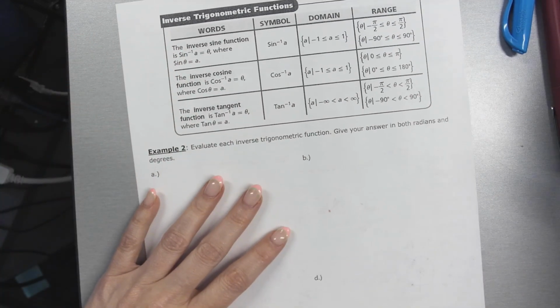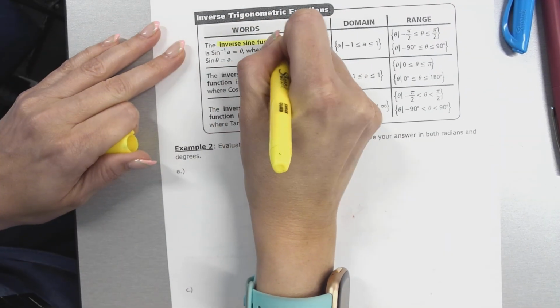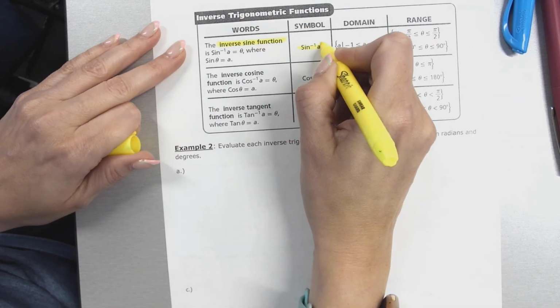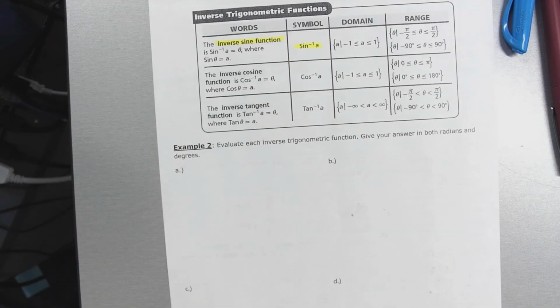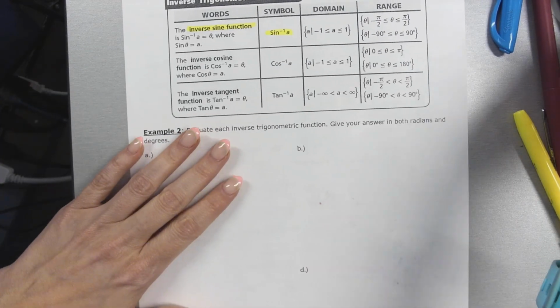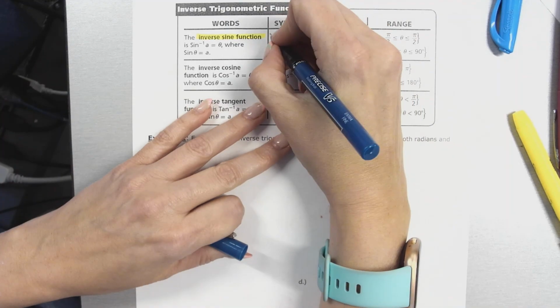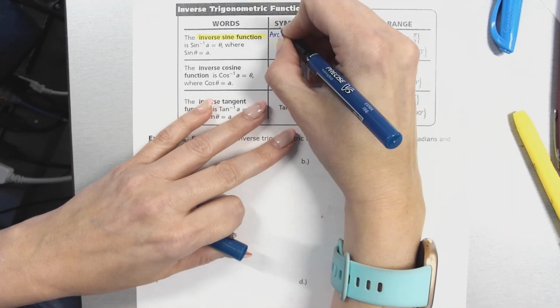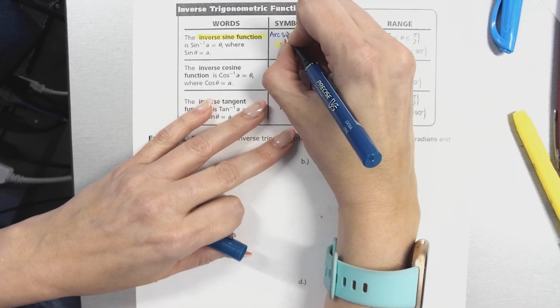So the inverse sine function is written like this. So you see that -1. This is also called the arcsine, A-R-C, the arcsine.